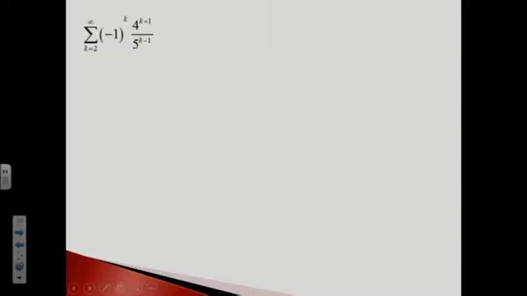We consider another example. Find the sum of the infinite series sigma k from 2 to infinity of (-1)^k multiplied by 4^(k+1) divided by 5^(k-1). This series is called an alternating series because the signs of the terms alternate between positive and negative. Separate a factor 4 from the numerator and multiply 5 to the denominator.